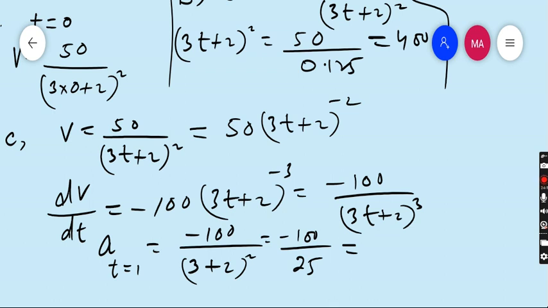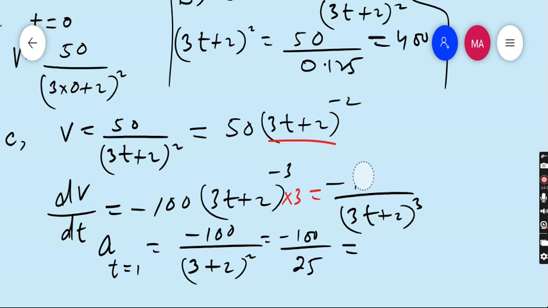I am checking again, is there any mistake? Yes, I forgot to multiply the derivative of the function, that is 3. This is very important. So I have to write over here 3.